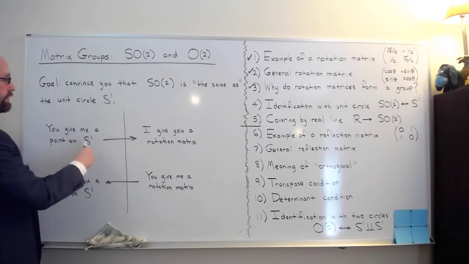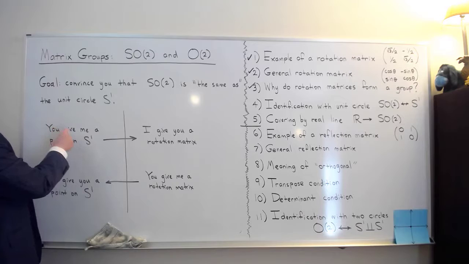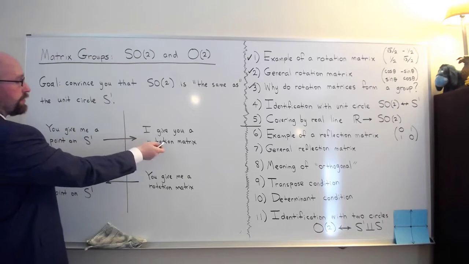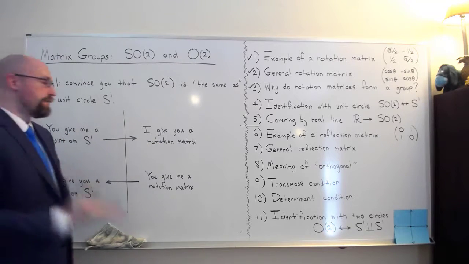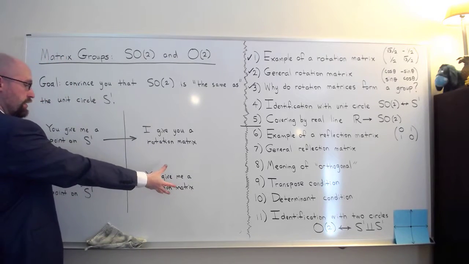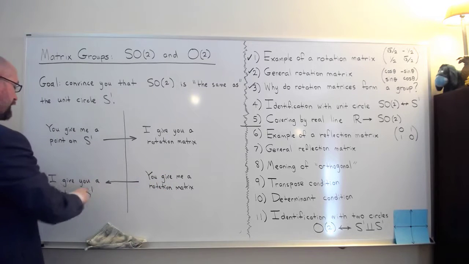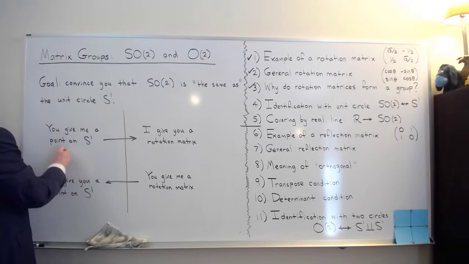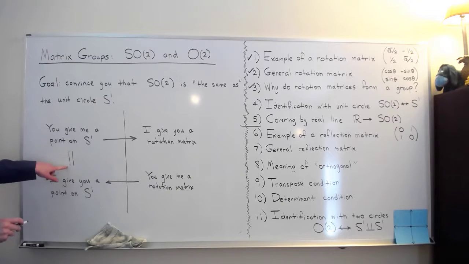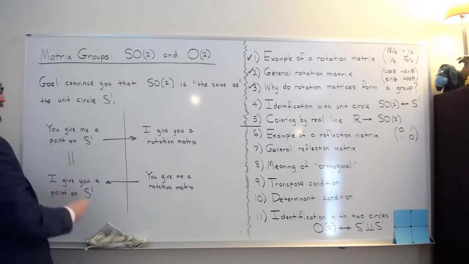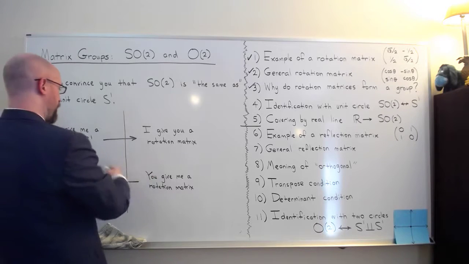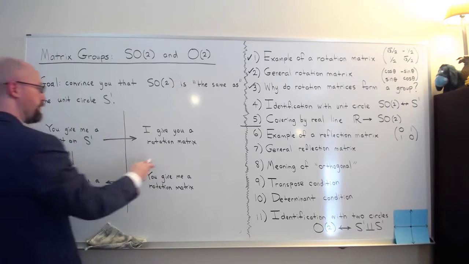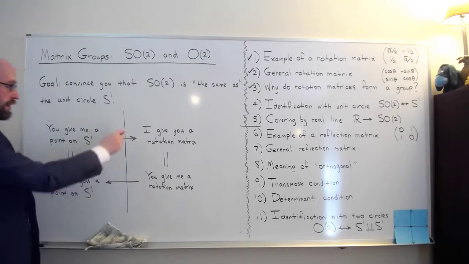What has to happen is that when you start with a point here on S1, go to a rotation matrix, then if that's the rotation matrix you give me, it has to come back to be the same point on the unit circle. And vice versa. You could start here, go this way, and then go this way, and these would have to come out to be the same here.